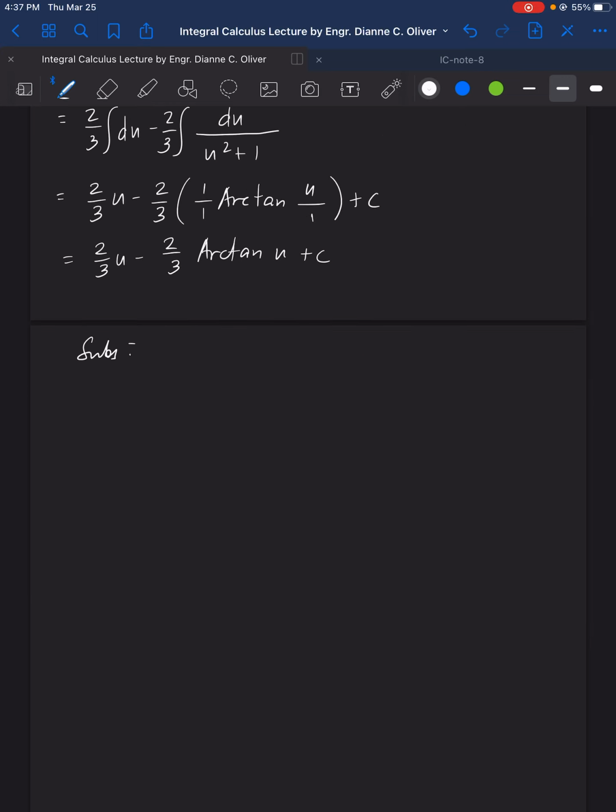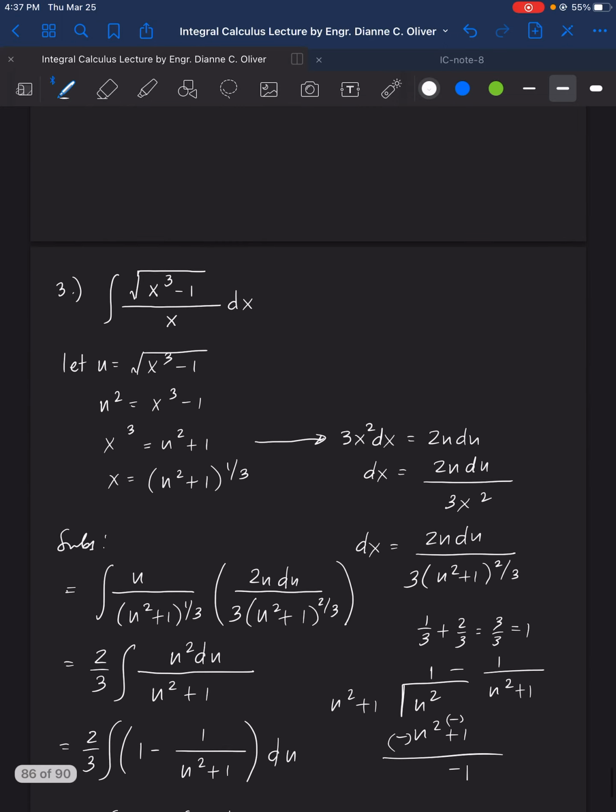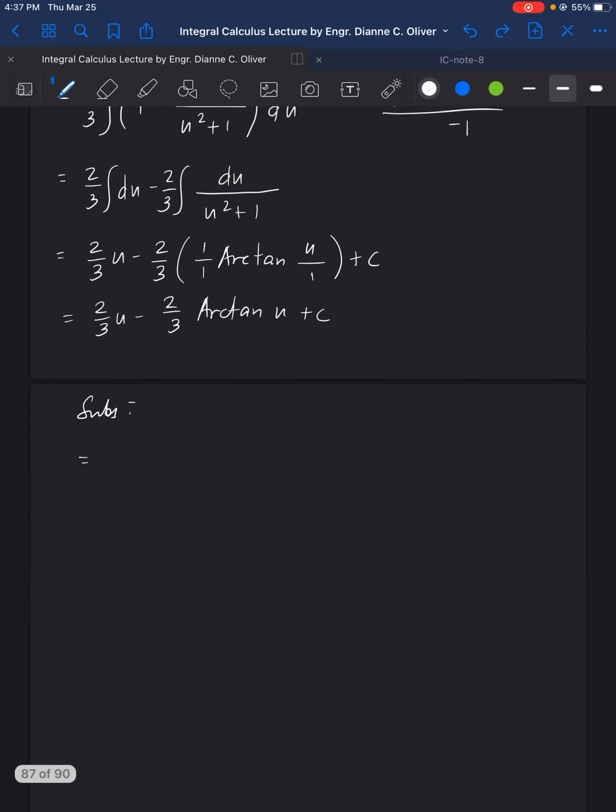Second substitution, wherein u is the square root of x raised to 3 minus 1. So we have here 2/3 square root of x cubed minus 1 minus 2/3 arctan square root of x raised to 3 minus 1 plus c.